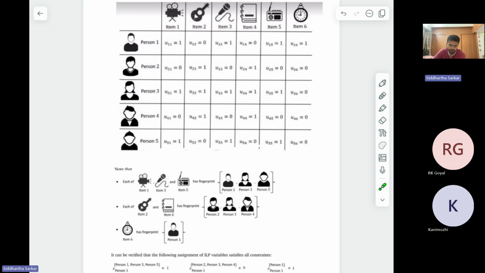Yes, one means that. Utility one means this item is valued positively by this person. Utility zero means this item is not valued by this person. Okay, and some constraints are given below, probably.